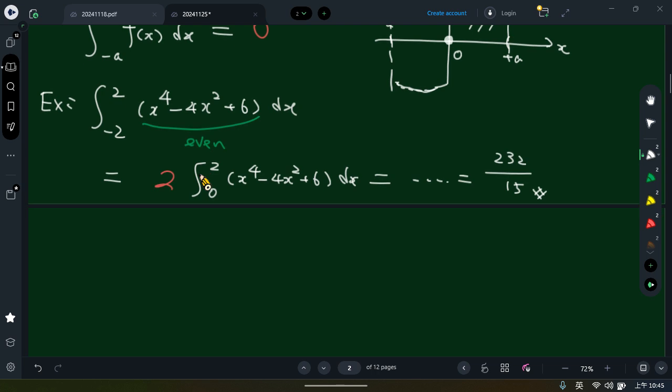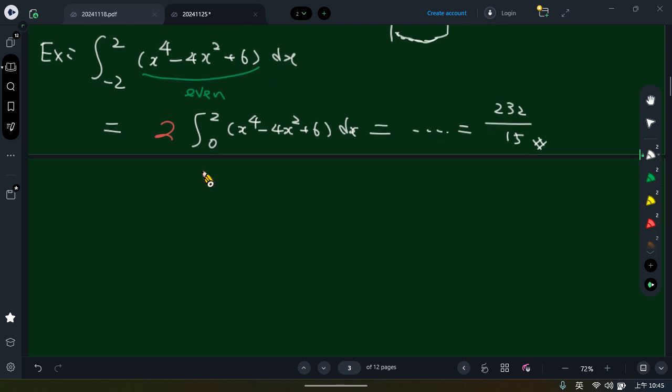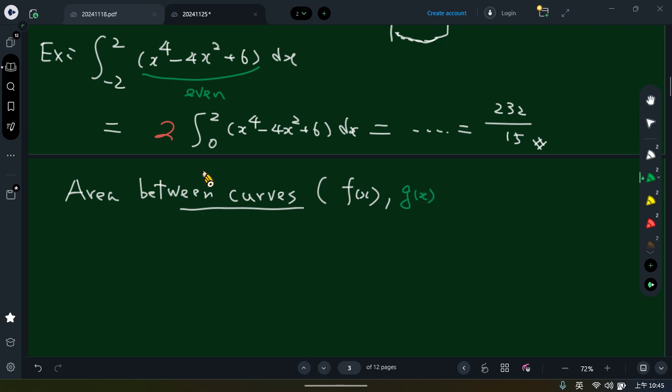And okay, then we will talk about the area between curves. Between curves means more than one, right? So that will involve two functions, basically.